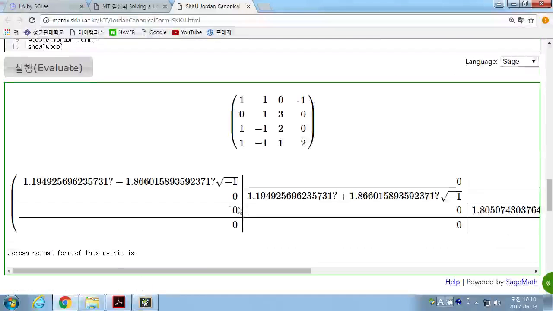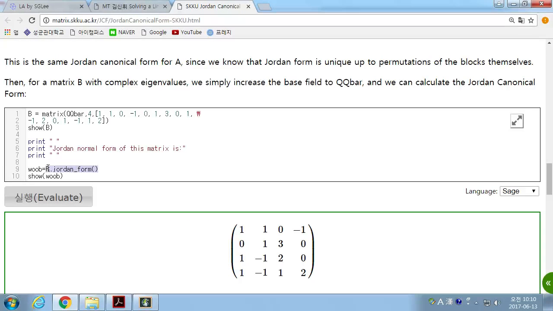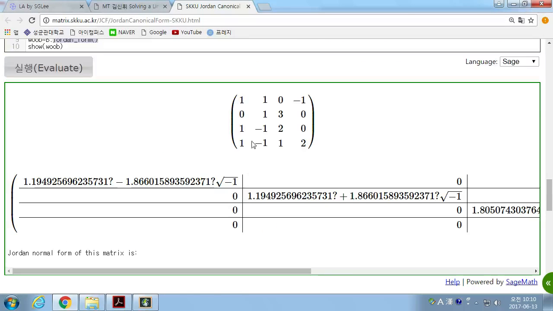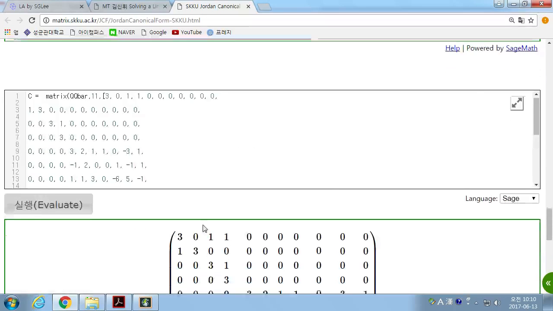Actually, this code was made by finding the eigenvalues first, and then computing A minus lambda I times the identity matrix, computing the power of each of those matrices, finding the lengths of those, and finding the differences to draw this dot diagram, and then give this.